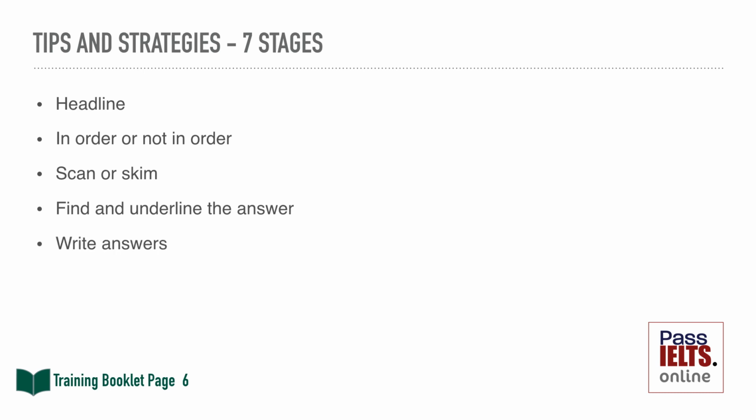Then you should write the answers which are from the passage next to the question numbers, or you should circle the option on the question numbers. And then you have to repeat this process for all the questions or passages in the set. And lastly, you transfer your answers after the section to the reading answer sheet, which is a separate piece of paper.